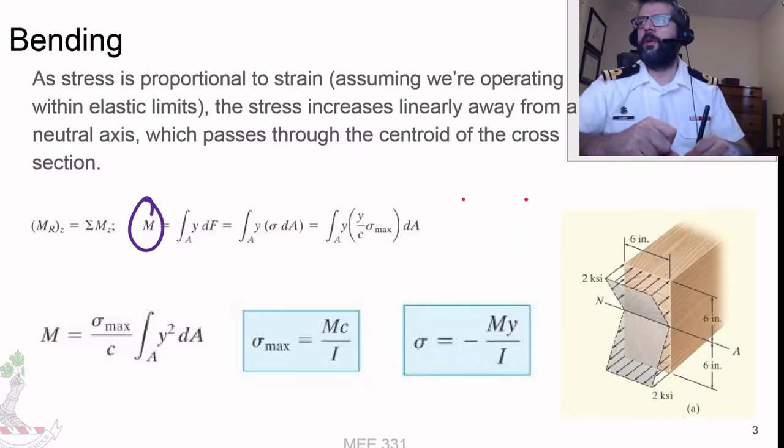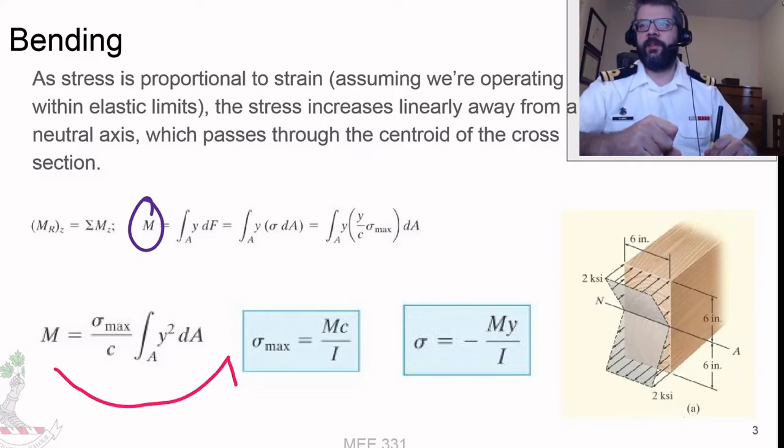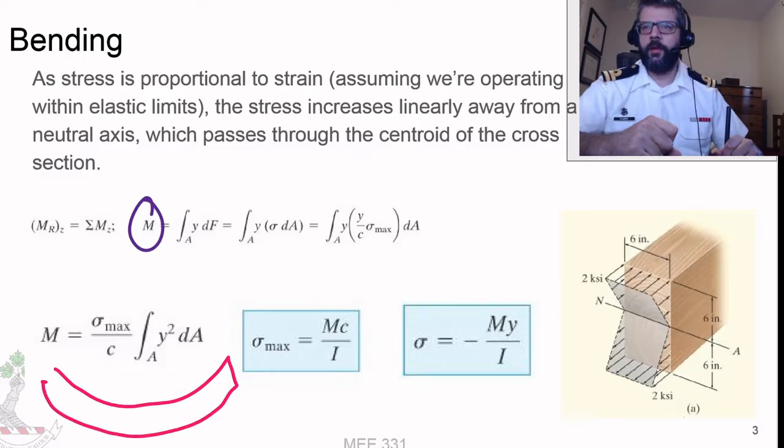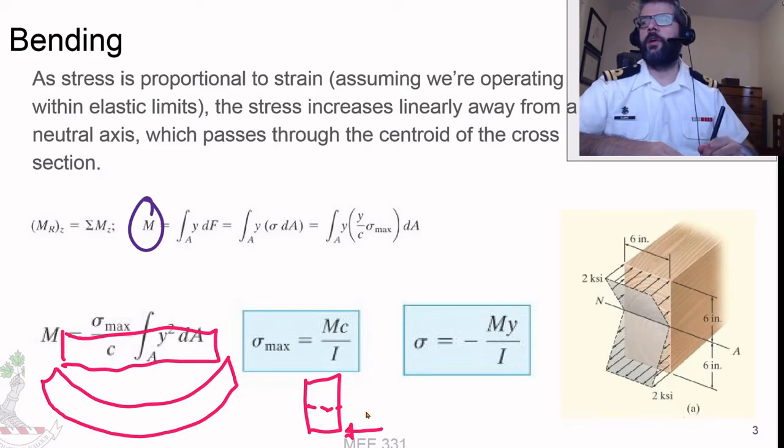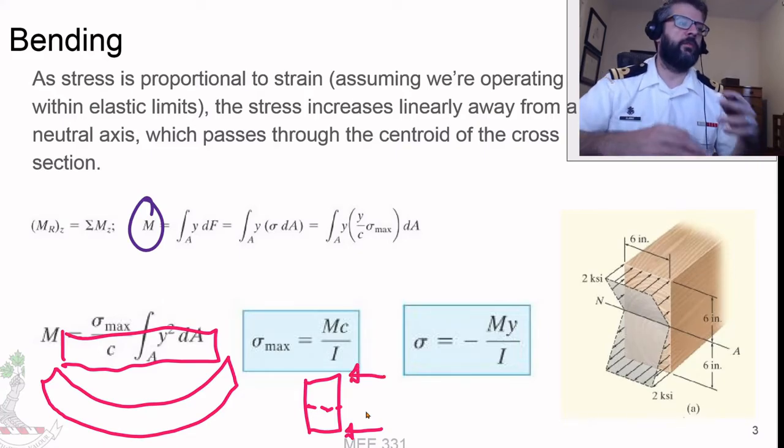So you'll remember that our sign convention is that if we are bending something so that it's making a smiley face, like this, that's defined as a positive moment. If we looked at the cross section here, and we've got our neutral axis right here, if we want to bend a straight bar into a shape like that, we're going to need to make the bottom of that bar longer, and we're going to need to make the top of that bar shorter.